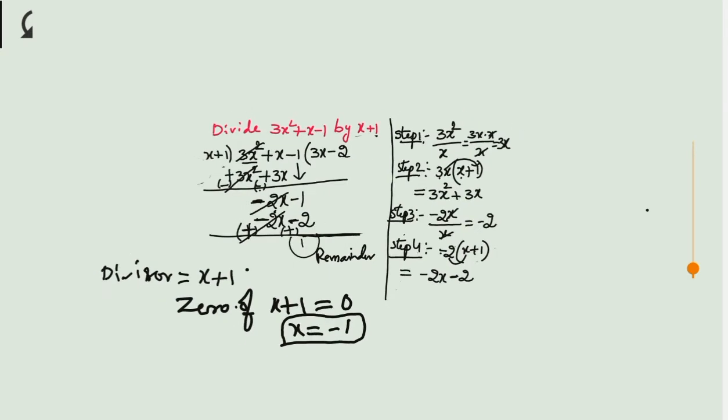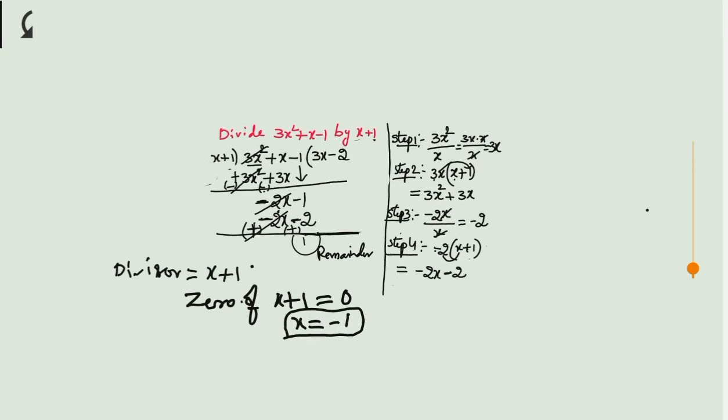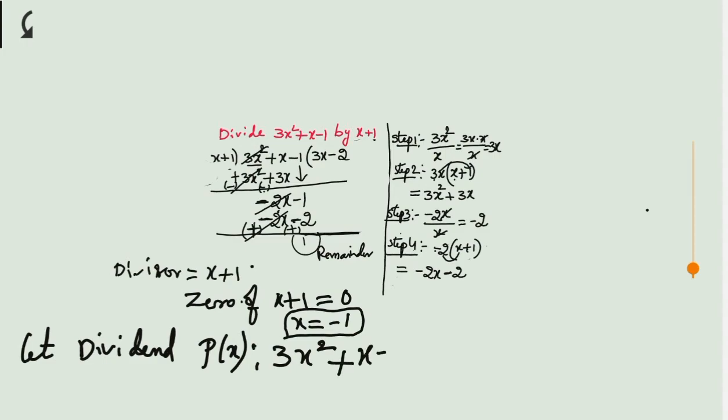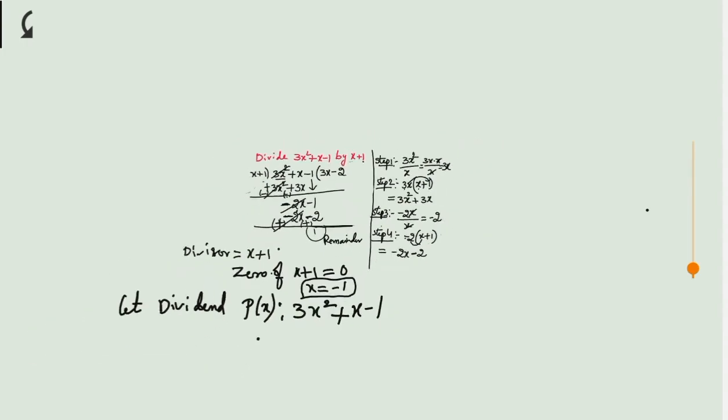Now observe that the given dividend is p of x. What is p of x here? 3x square plus x minus 1 is our dividend.